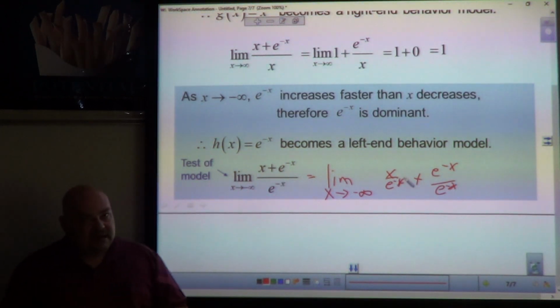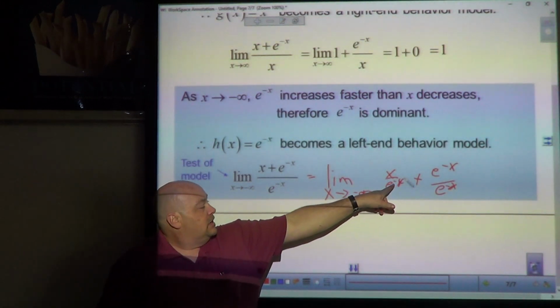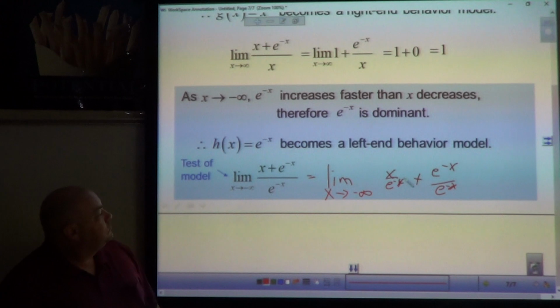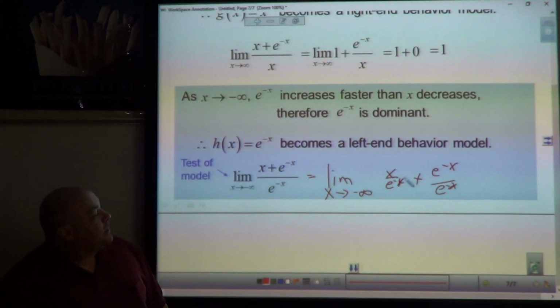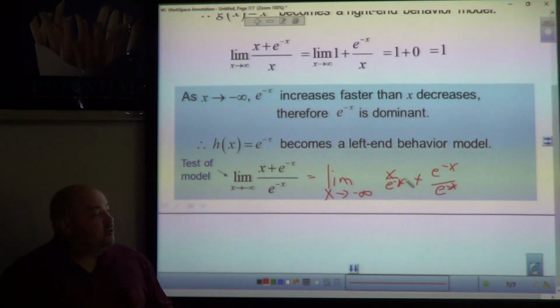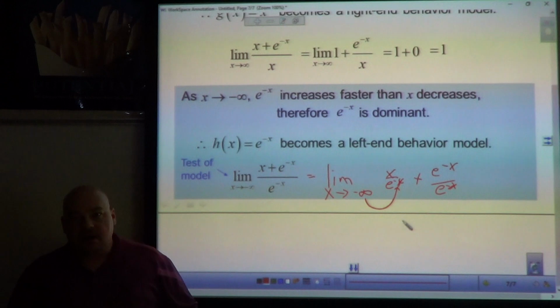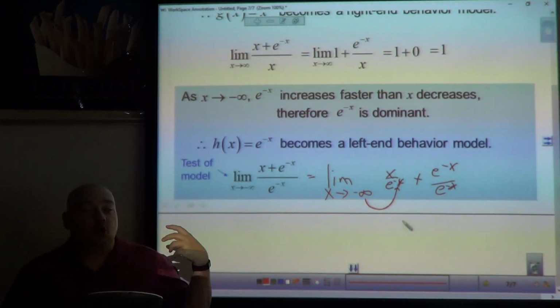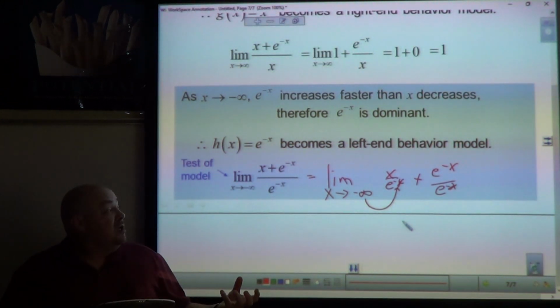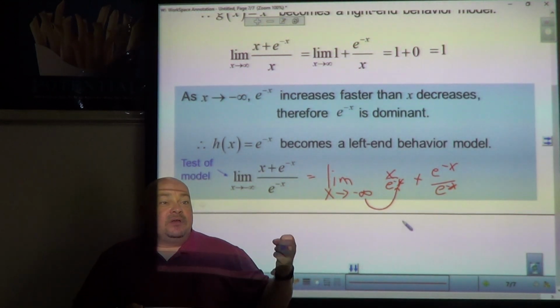And what's happened to x over e to the negative x? Well, we're putting in negative numbers, so as the x values are negative, negative, negative, they're going to make that thing grow really, really fast on the bottom. Because on the bottom we're going to have not e to the negative x, but e to the negative number.